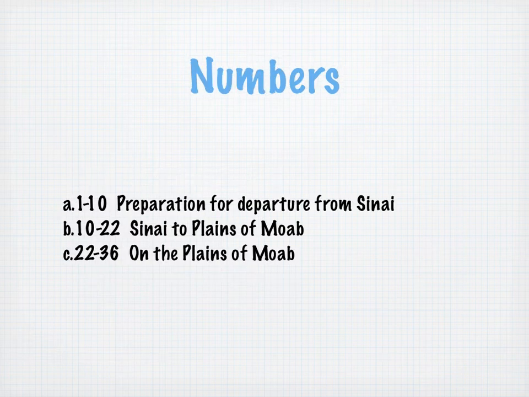The book of Numbers picks up the story where Exodus left off. The people are now preparing for their departure from Sinai. From Sinai, they travel to the plains of Moab.